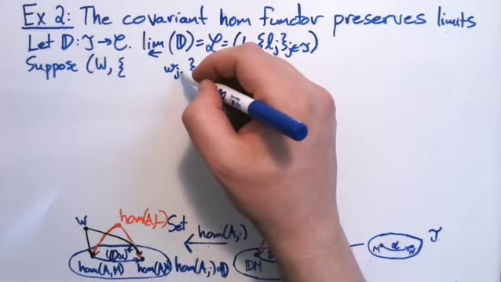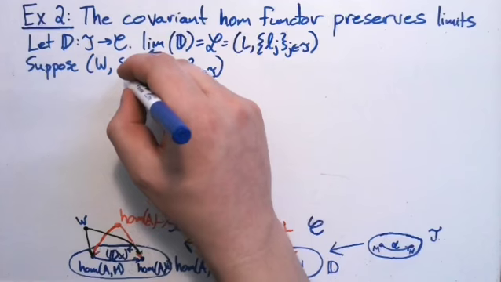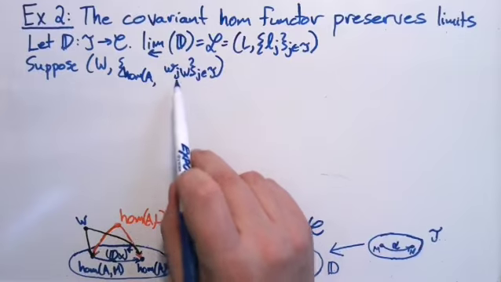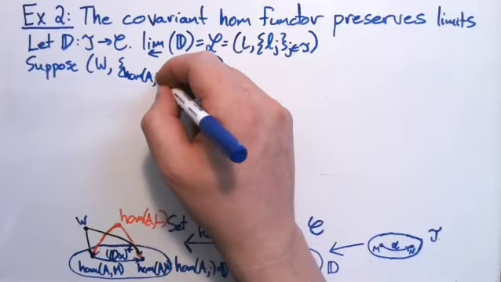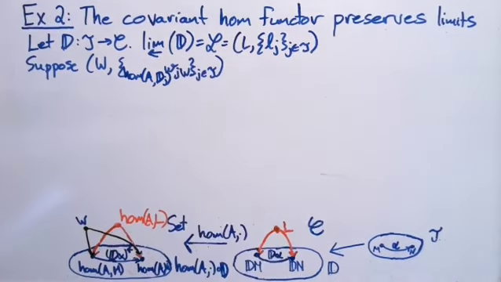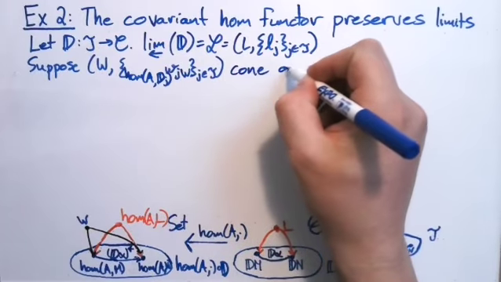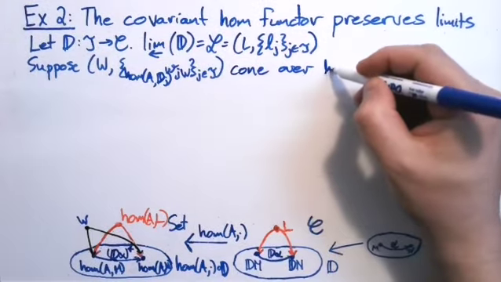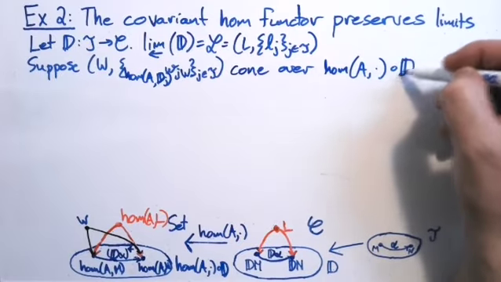They go from W into the hom sets where A is the domain, right? So this would be hom, the domain is A, and then we want the object associated with the jth object in J. So that would be D_j. Suppose that forms a cone over hom(A, -) after D.